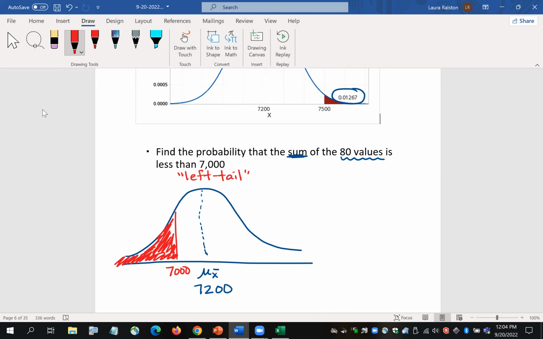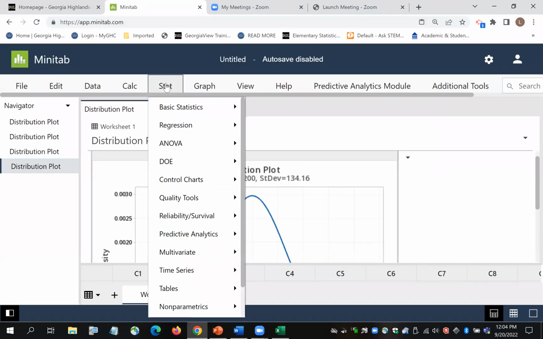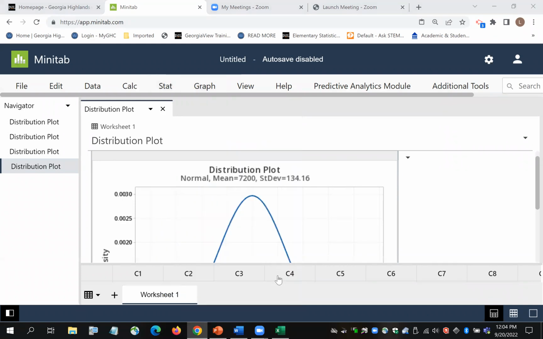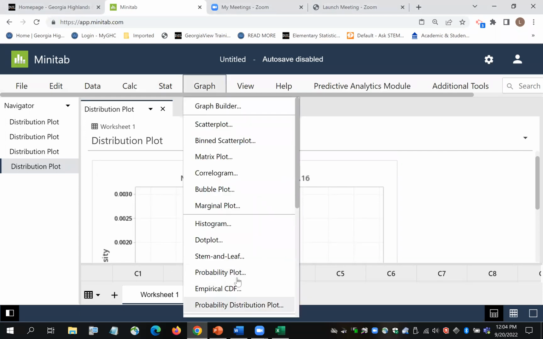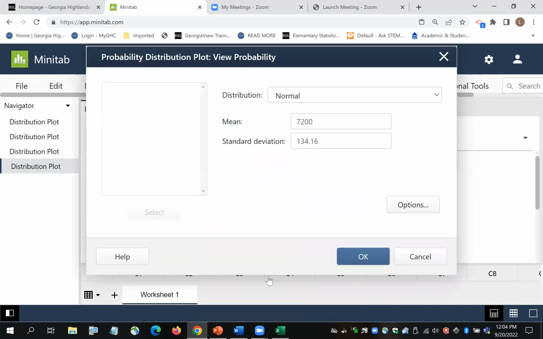And I'm ready to go out and do my calculations in Minitab. Graph, probability distribution plot, view probability.